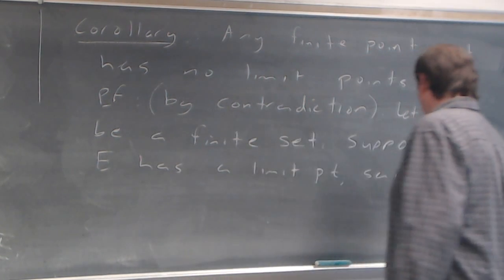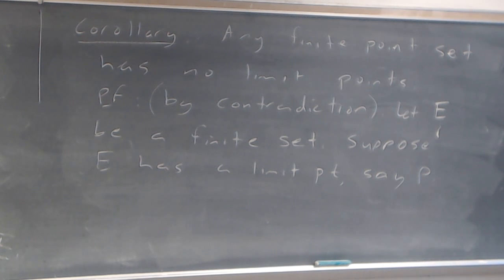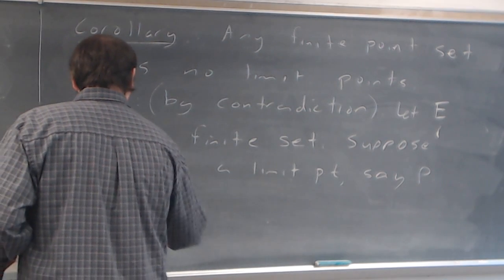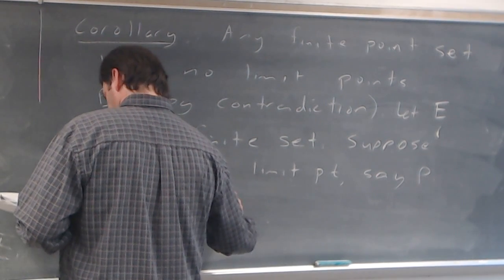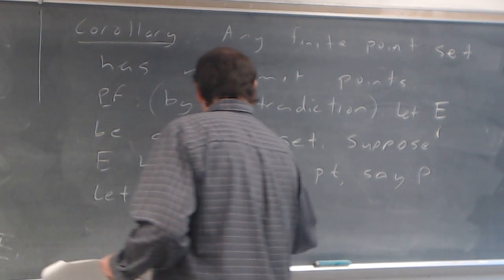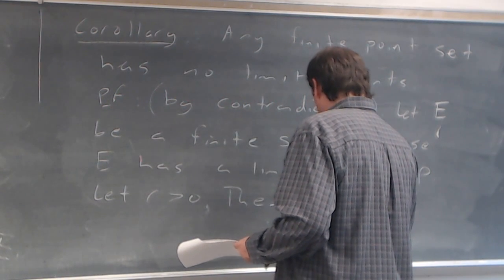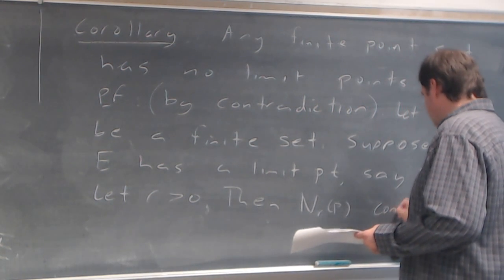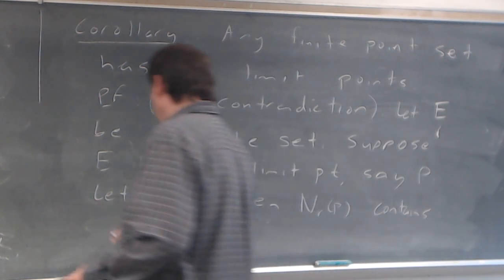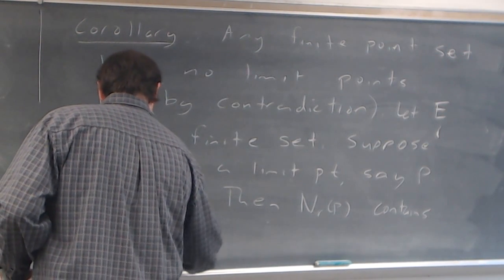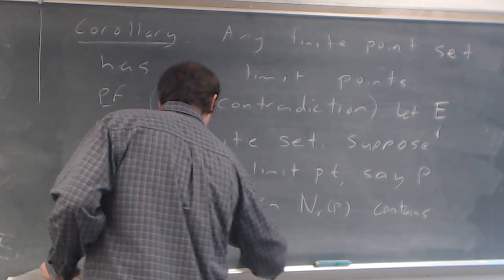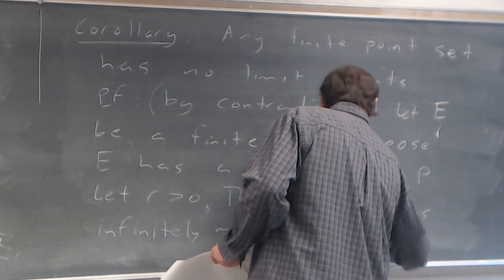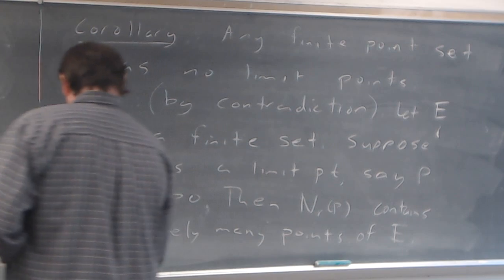Say, give it a name, call it P. So what we do is we let r be greater than 0, consider that a radius, then N sub r of P contains, from the previous fact, infinitely many points of E, and that's a contradiction.